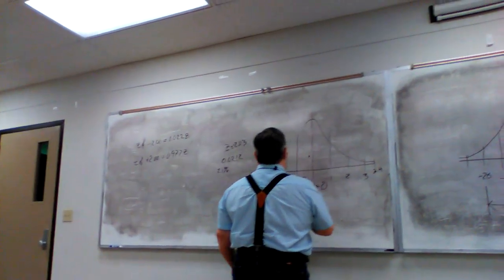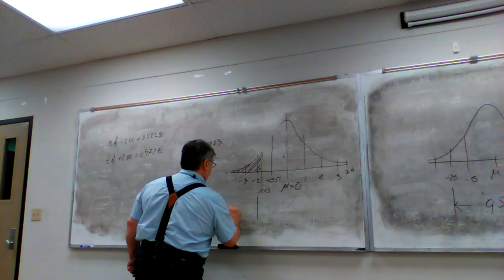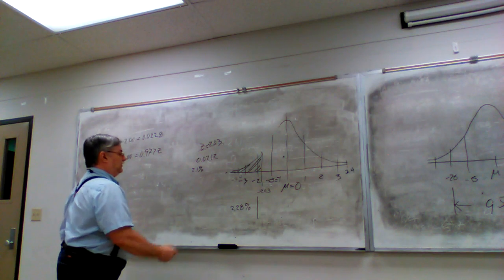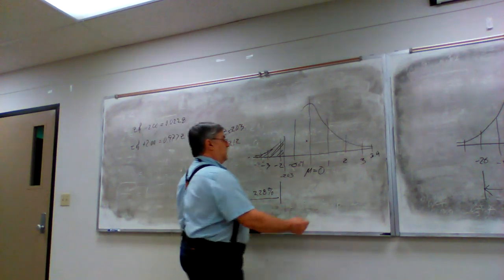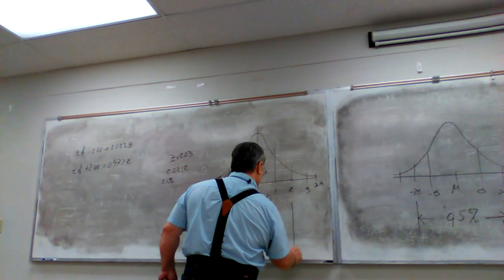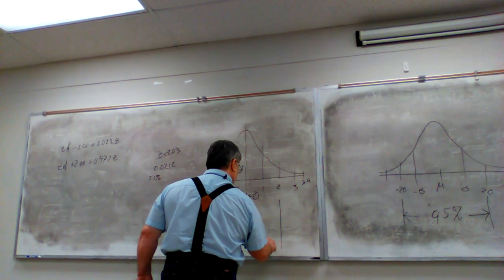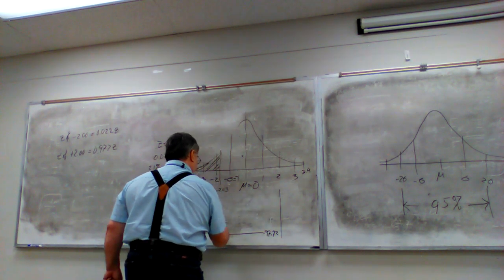So, that means that 2.28% of the total population is from here back. We come over here, and we find that 97.72% of the population is from there back.